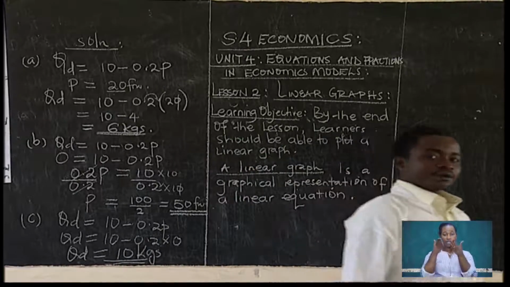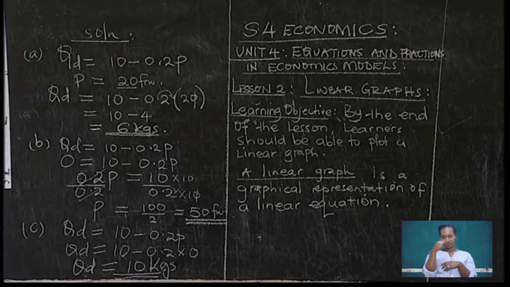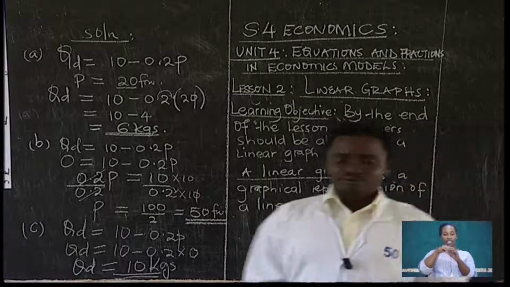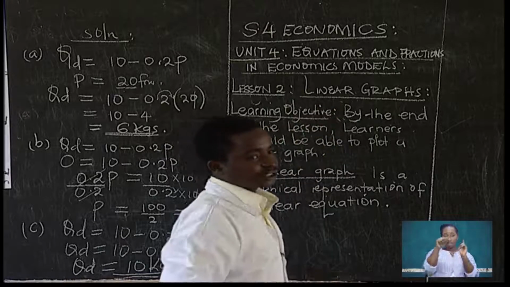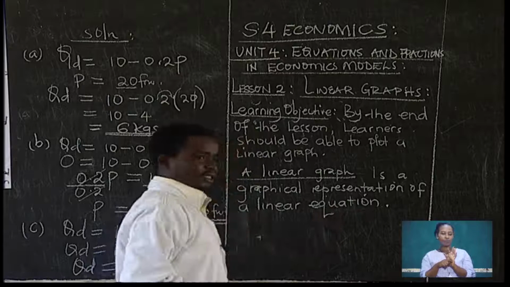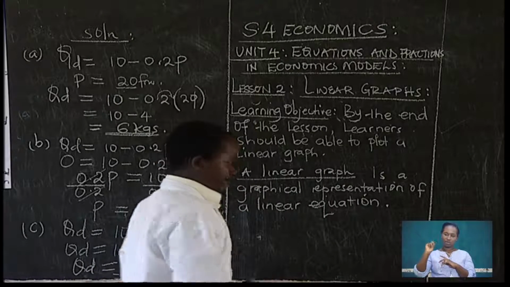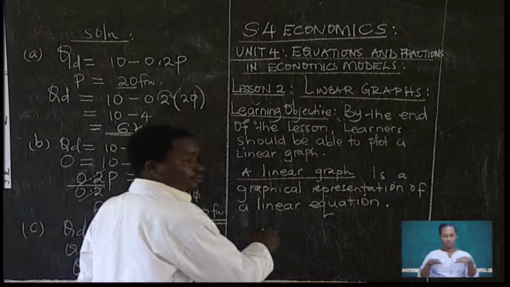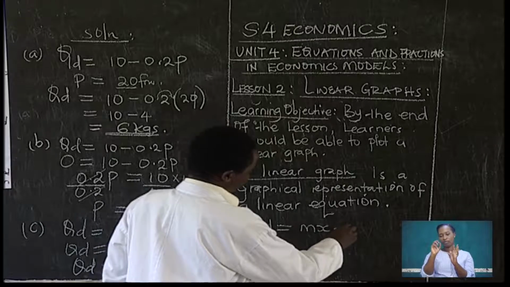So here, we may have different types of these graphs. In economics, we shall have graphs which have positive slopes and those which have negative slopes. A linear equation has a general form. The general form is that y should be equal to mx plus c.